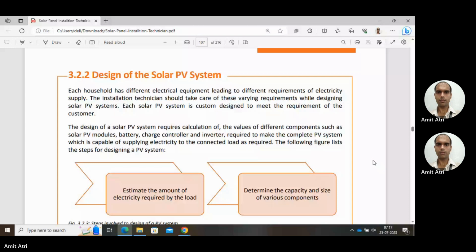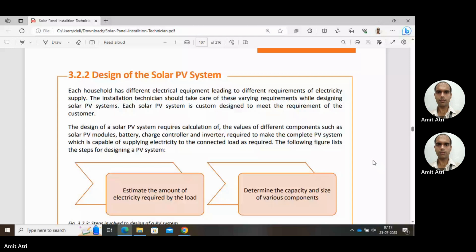So the steps involved in the designing of a PV system. The first step is to estimate the amount of electricity required by the load. Means we have to initiate from the load. You have to calculate the load or the requirement of electricity. How much electricity is required? What is the consumption, if we are installing it in a house, inside the house?